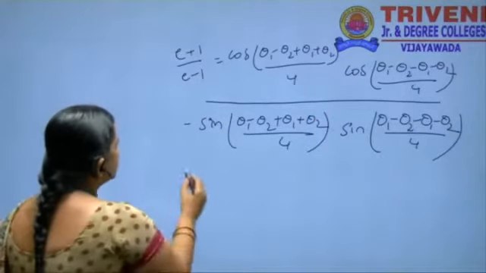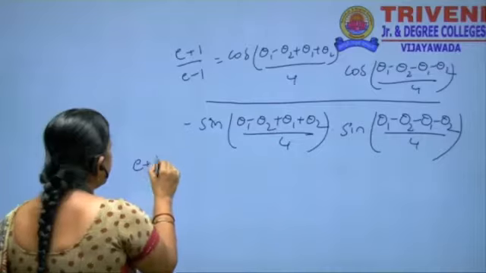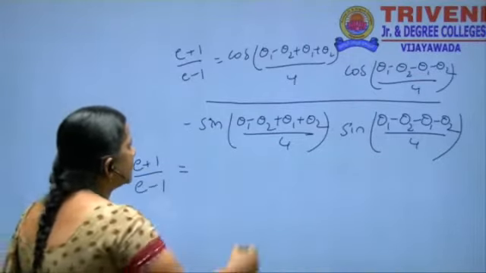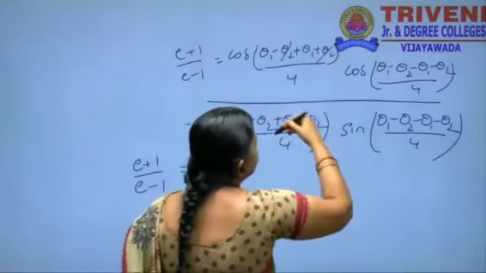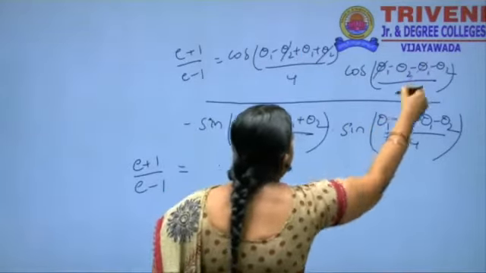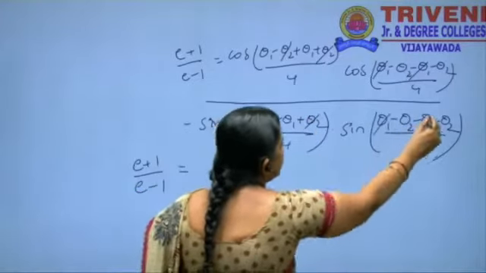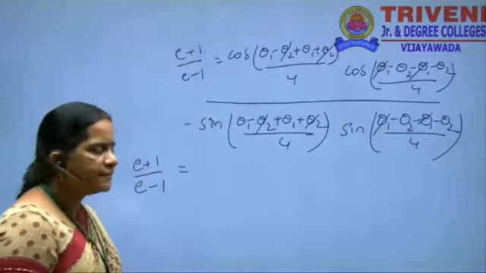Here we can get (e plus 1) by (e minus 1) equal to, theta 2 gets cancelled here, and theta 1 also gets cancelled here.